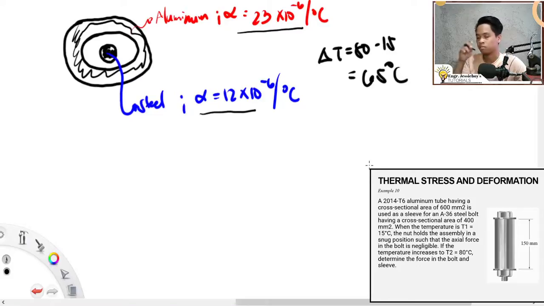So therefore, there is an increase. Now, in my note earlier, the higher the change in temperature, the higher the expansion. Therefore, if the original length is 150.